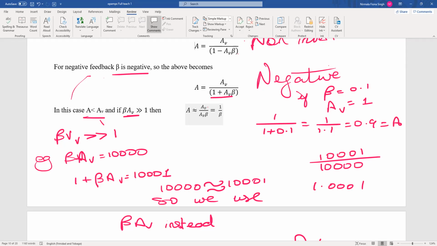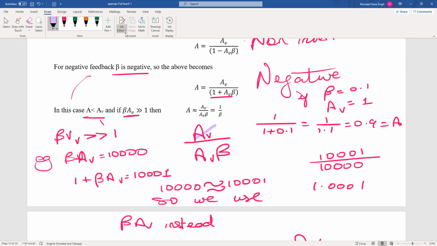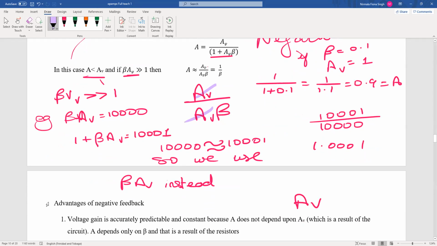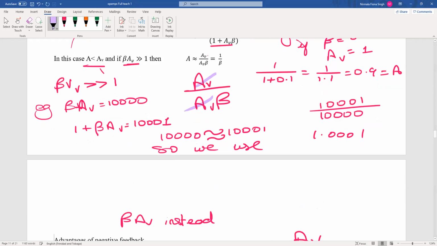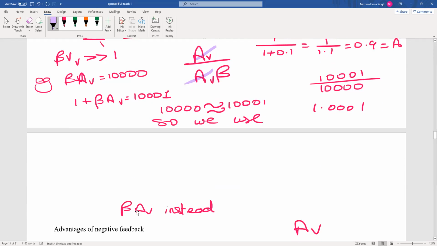this is going to break down and give you AV over AV beta. We can see two terms are going to cancel: AV is going to cancel with AV, and you're going to be left with just beta.